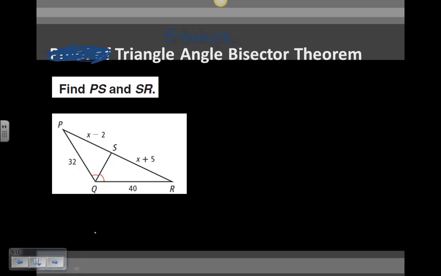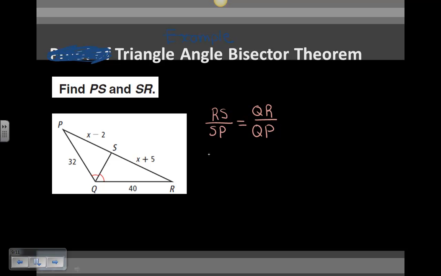For this example, we know that QS is the angle bisector. So we can set up a proportion. RS is to SP, just as QR is to QP.